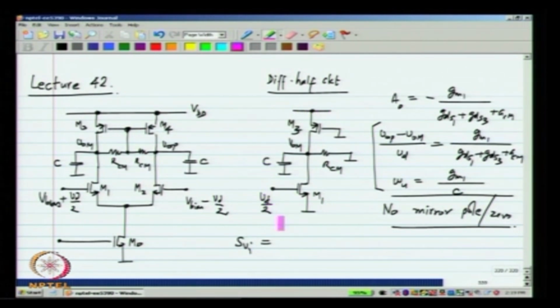You just have to calculate the input referred spectral density or the output voltage noise spectral density and then double it to get the corresponding quantity in the fully differential circuit. Now, in this case we also have RCM which creates noise, but I have neglected the noise from RCM. Okay.